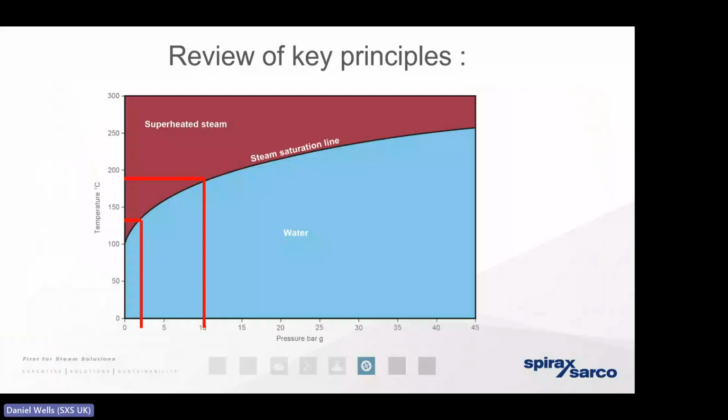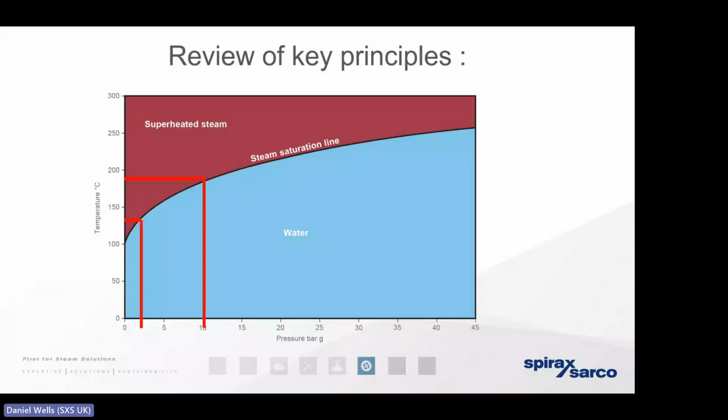That tells us why it's critically important that we've got the appropriate number of pressure gauges around the infrastructure, but it also tells us how attractive it is to have those 2-port self-acting pressure reducing valves to help us to control that pressure-temperature relationship.